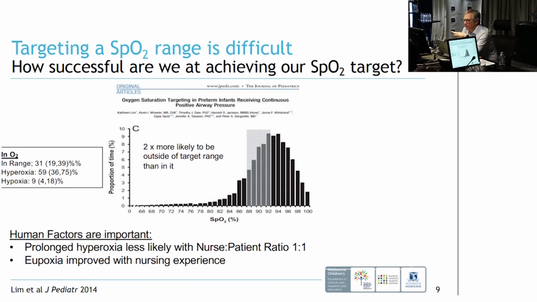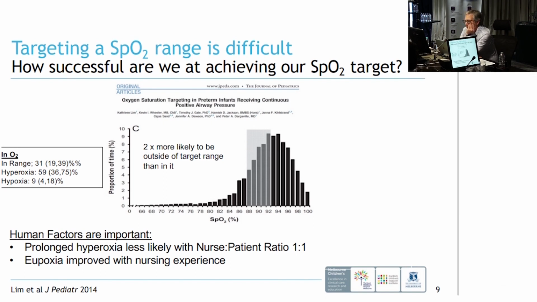They spent more time hyperoxic than they did normoxic and less time hypoxic than they did normoxic, which probably is what we'd all expect because generally we're more worried about hypoxia than hyperoxia, and if in doubt, you'll tend to push the saturations up. That's just normal human behaviour. And as I said, twice as likely to be outside of target range.